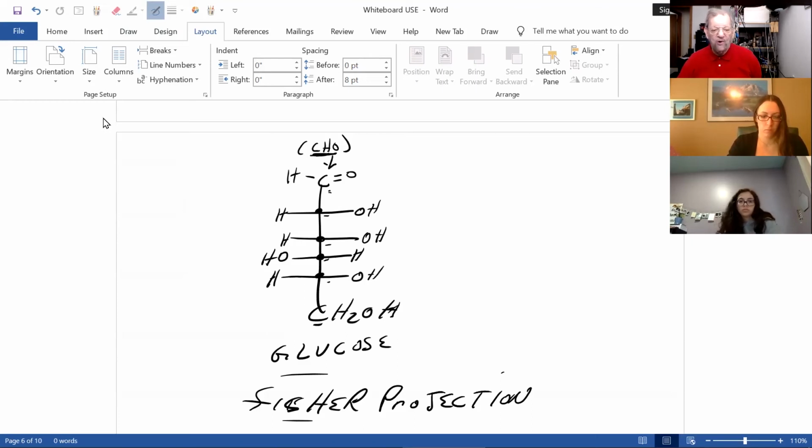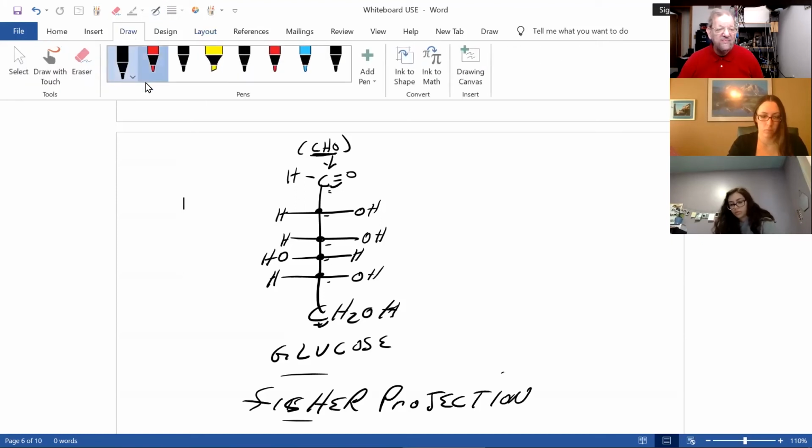Let's look at where the chiral carbons are. Well, this was out because it's in a double bond, and this carbon is out because it has two hydrogens. Now, where are the chiral carbons? This one. 1, 2, this carbon is 3, R group, and these right here are R prime. Same thing in this one, same thing in this one, same thing in this one.